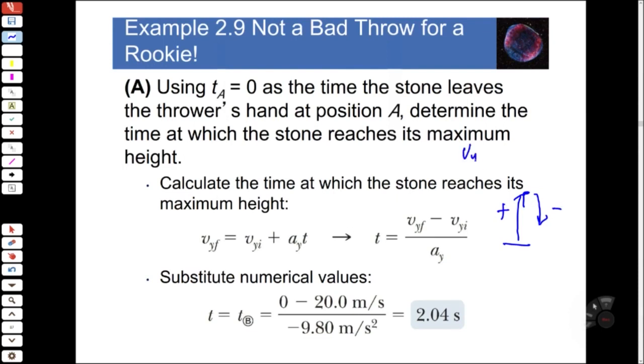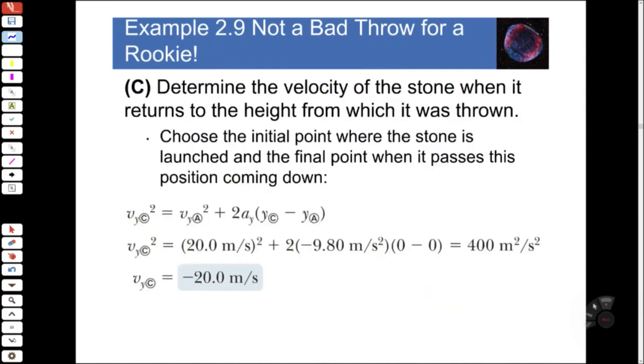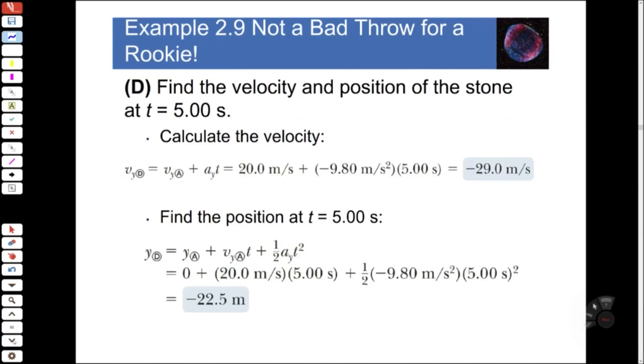So the condition for that is v_y final is equal to 0. Using this formula and putting in this condition, after 2.04 seconds the ball will reach its maximum height. These are all the same examples, and again, let me just skip this.